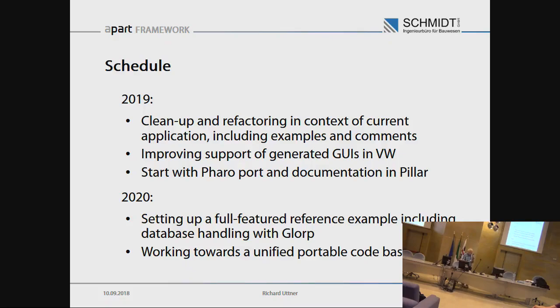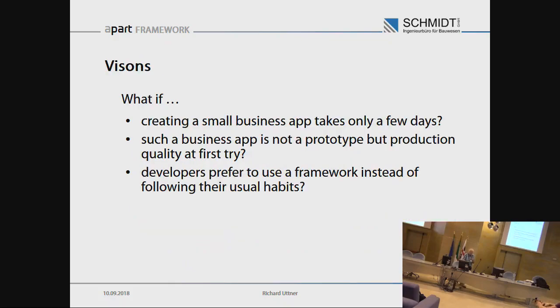And of course we will then also try to have a unified code base, which is not very difficult because we follow our own rules within the framework, of course, and separate things.